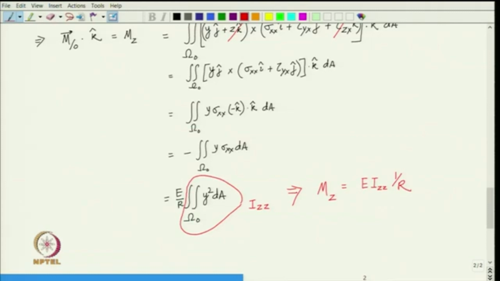So, it is a geometric property. So, we can write here E is the material property and I z z is the geometric property of the cross section.